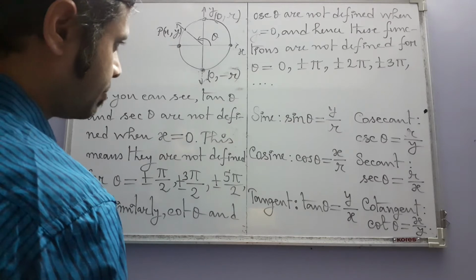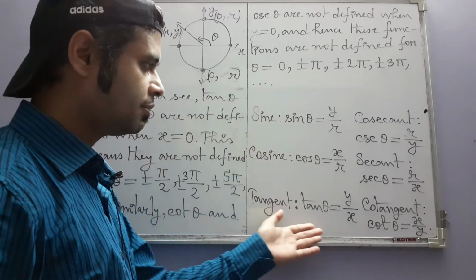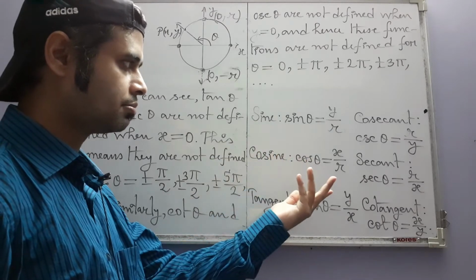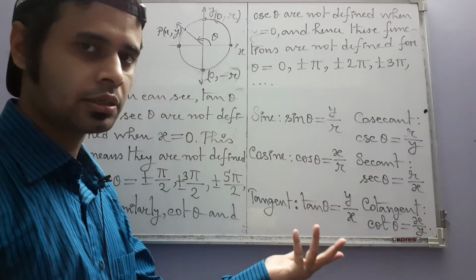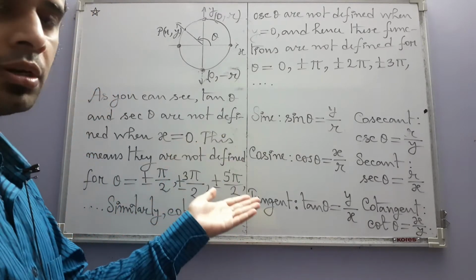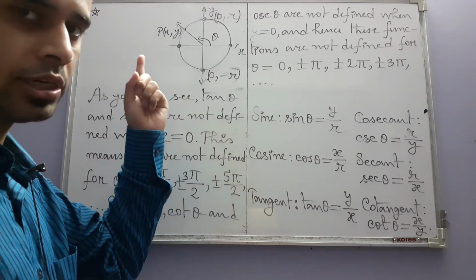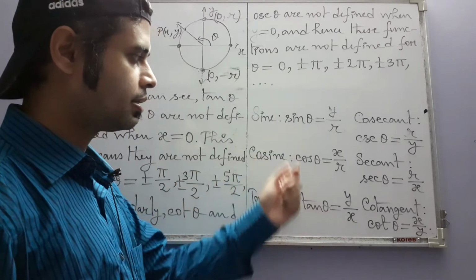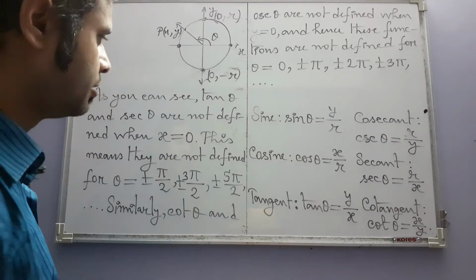Now from the way we have defined these things, we will get some immediate relationships among these functions, things that we already have seen in the old definition also. For example, tan theta is equal to sine theta divided by cos theta, things like that.